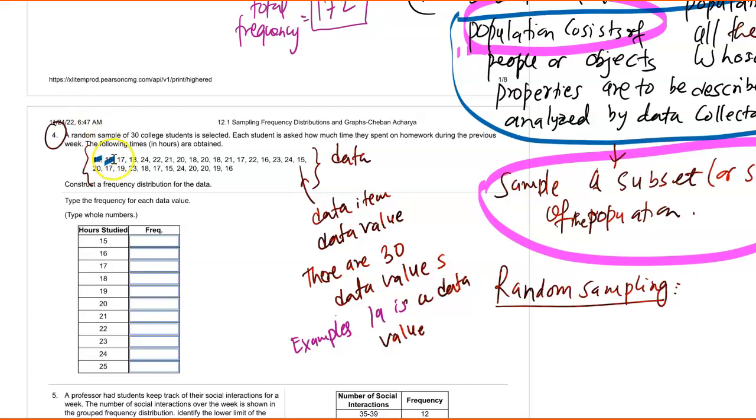Similarly, 15 is a data value. Now the question is, construct the frequency distribution of the data. In other words, remember that there are 30 different data, but a couple of data repeat. For example, look at the 15 here. How many 15s are here? Let me circle the 15 here, 15 here.